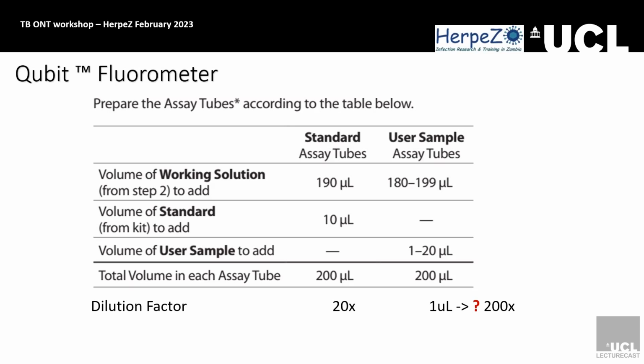And for each one of your samples, what will we be using? We're using 1 microliter. You can use anywhere between 1 and 10 microliters. But as we were saying, if you're doing CTAB, you're probably going to be eluting into a really small volume. So I think 1 to 2-ish. Some people say 1 microliter isn't accurate enough. We tend to do 1, and that seems to be working fine.